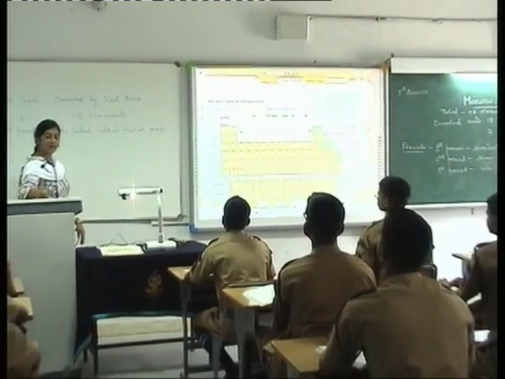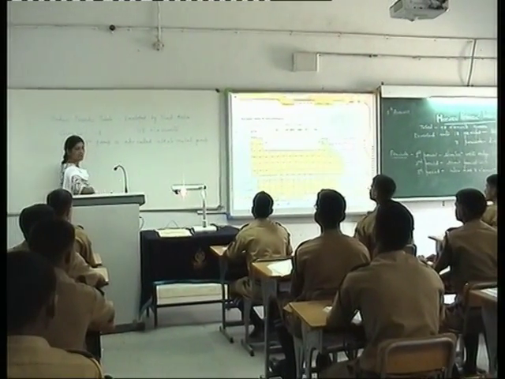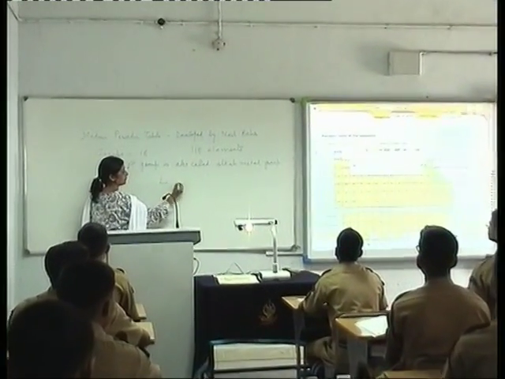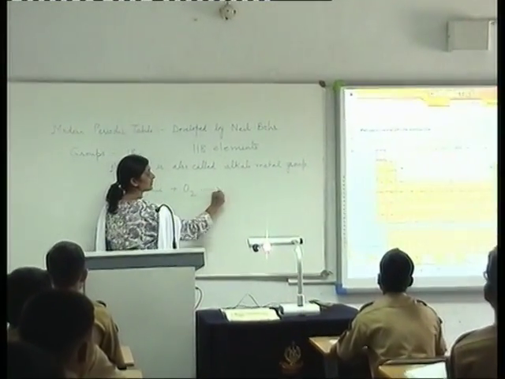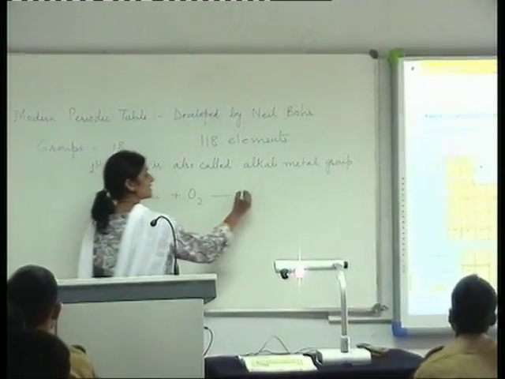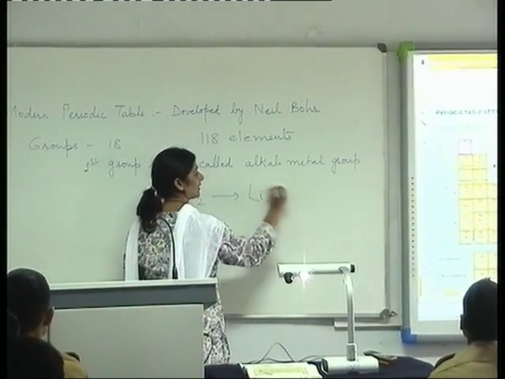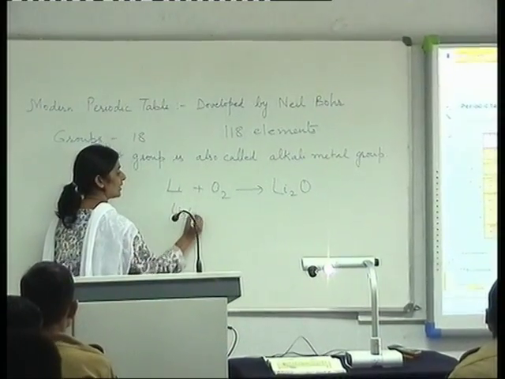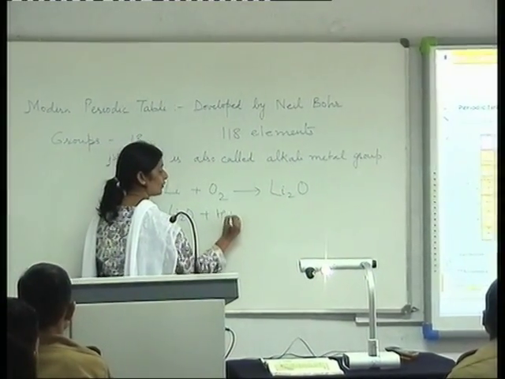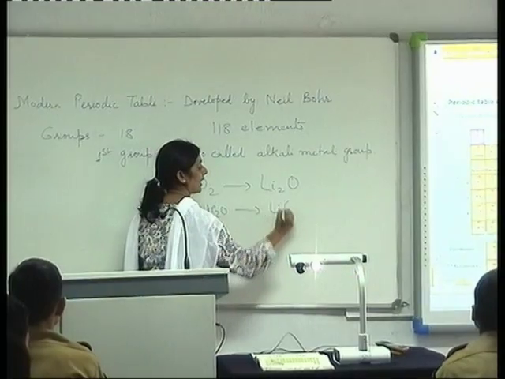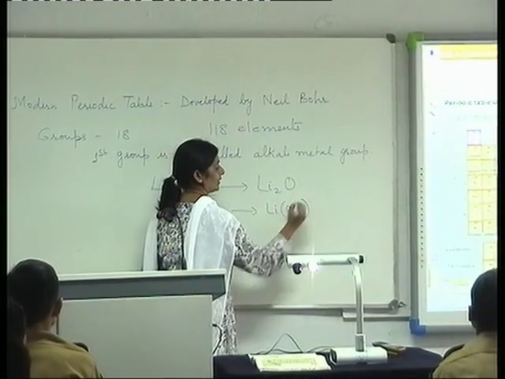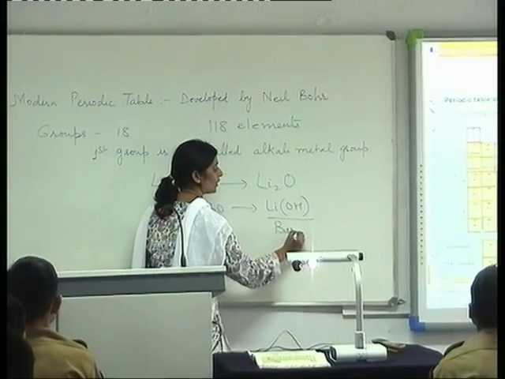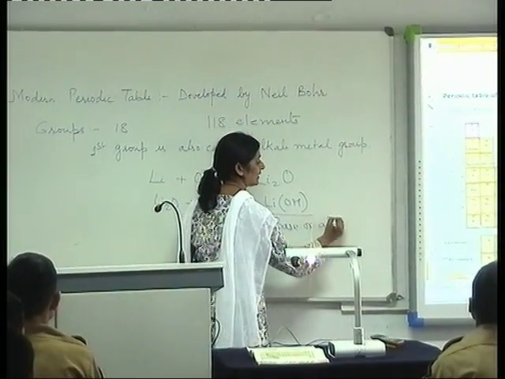Because when these alkali metals combine with oxygen, like lithium plus oxygen, it forms an oxide called lithium oxide. This lithium oxide, when it dissolves in water, forms lithium hydroxide. This lithium hydroxide is a base, or we call it an alkali.